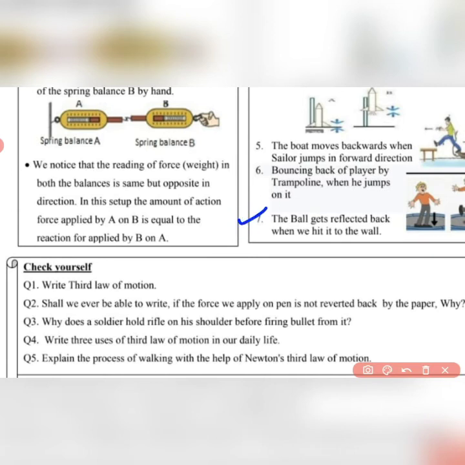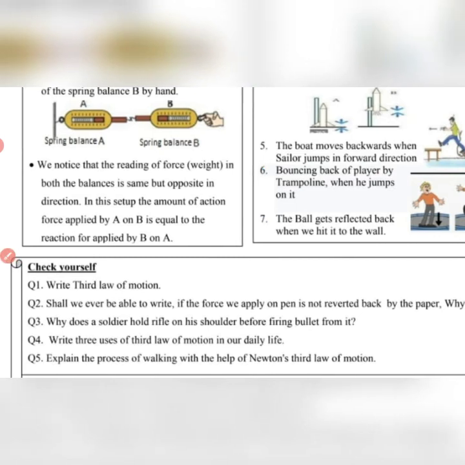Along with this, walking and writing are also examples. So we can write any 3 examples from these. And if we talk about uses, it is helping us to walk, to move, to write, and to keep an object in place. All these are examples of the third law of motion.